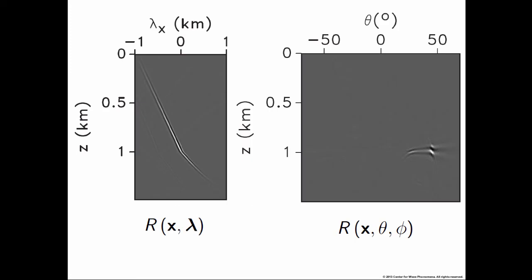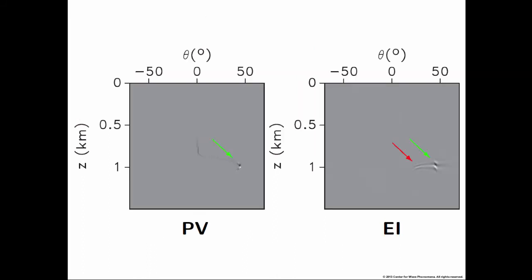And constructing the space-lag gather on the left, you see 2 different slopes corresponding to 2 velocity layers. So slant stacking in that space, you'll obtain 2 different reflection angles, where only one will be correct, as indicated by the green arrow. And the red arrow points to the wrong reflection angle that we don't want to have. So this problem can also be avoided if we use a better local slant stacking.